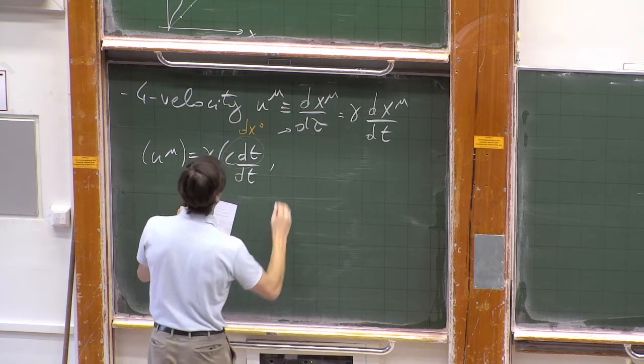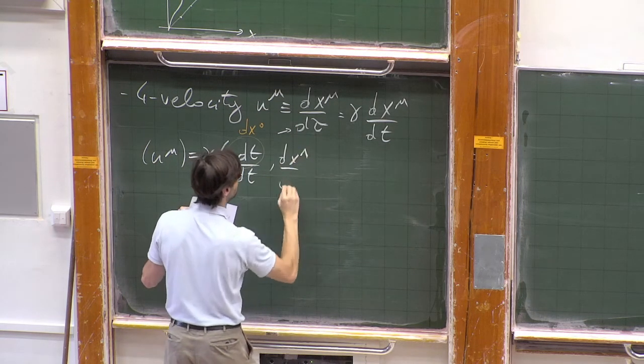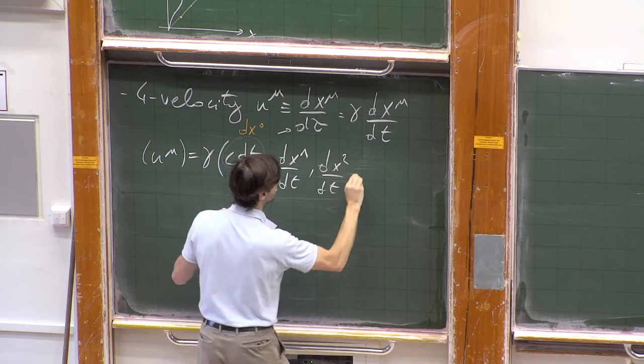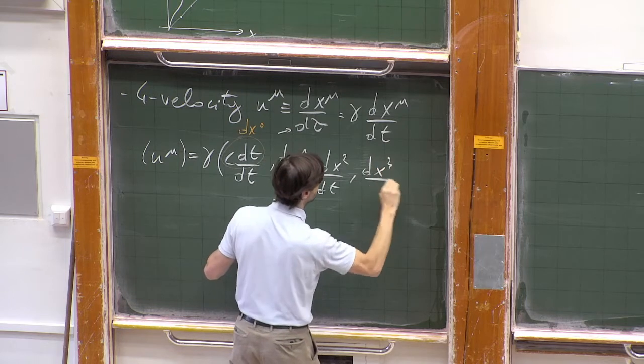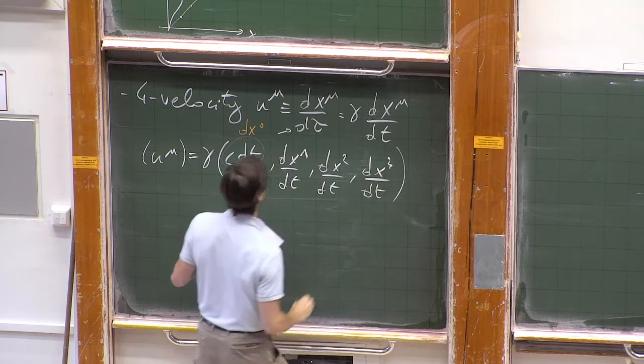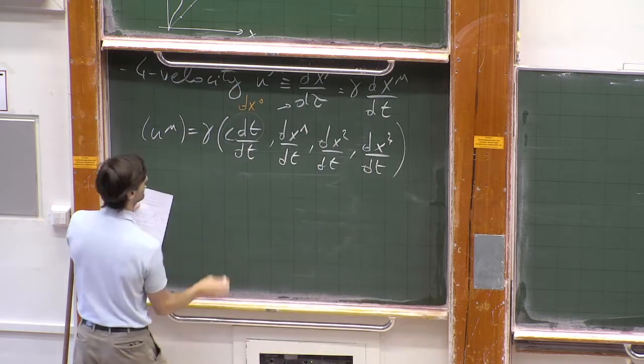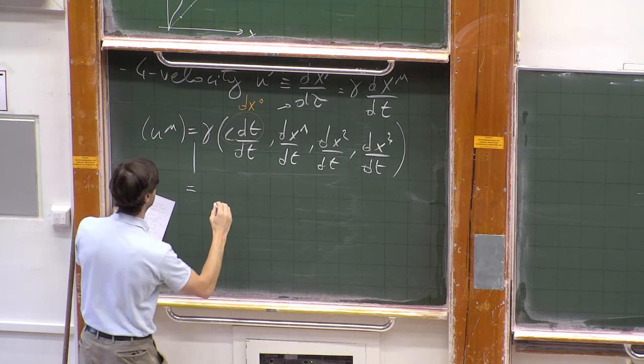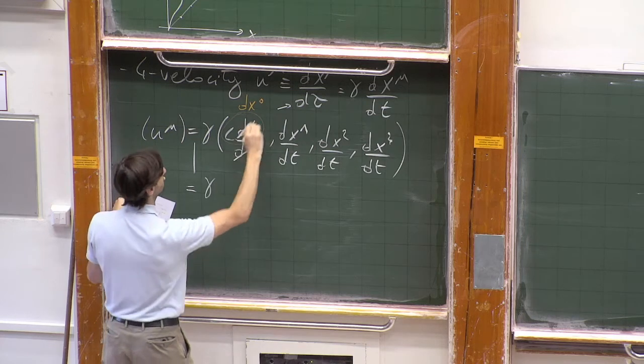And then we have dx1 over dt, dx2 over dt, dx3 over dt. And now to be a little bit lighter in writing, the dt and the dt go away.